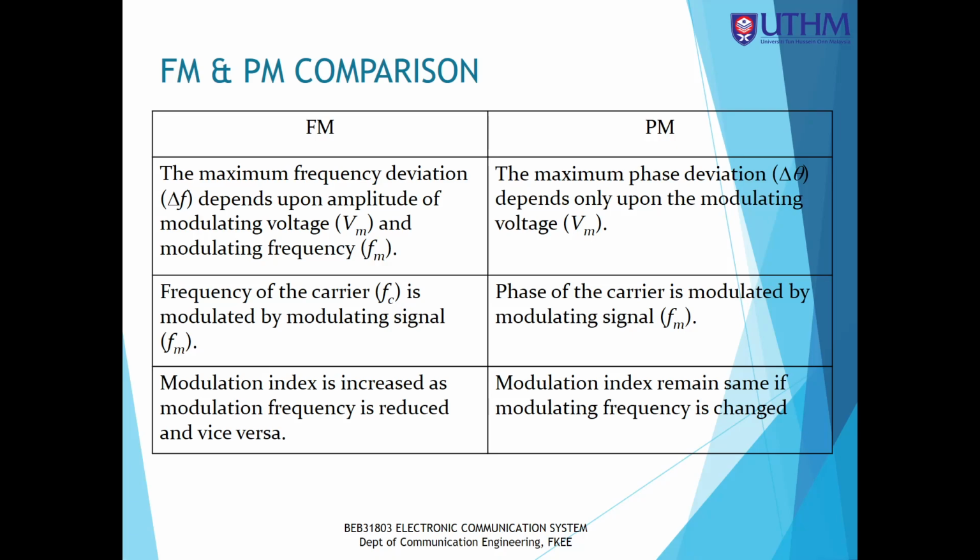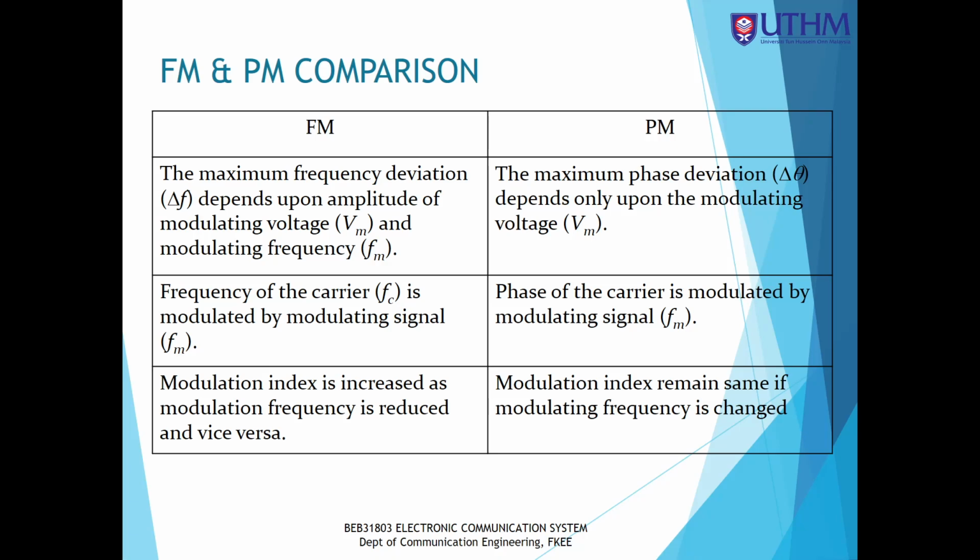Actually the statement is quite confusing. Maximum frequency deviation depends upon the amplitude of the modulating voltage and also the modulating frequency. The maximum phase deviation depends only upon the modulating signal voltage.